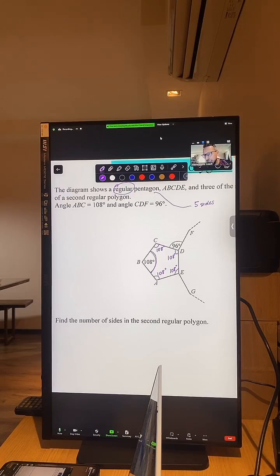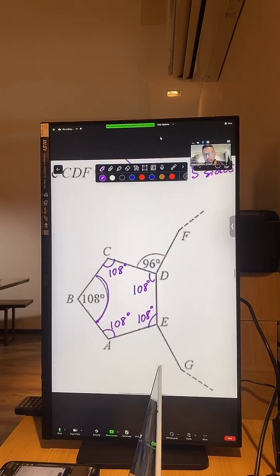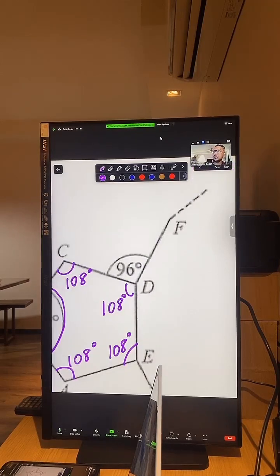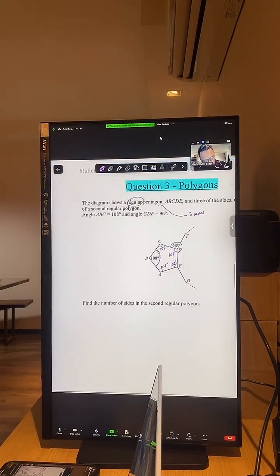Okay, so let's give it a try, okay? So we know that each angle of the pentagon is going to be 108 degrees. So if we zoom in over here, we can see this one is 96. This one is 108. Which means that this will be 360 minus 96 minus 108. Agree? So we can write that down.